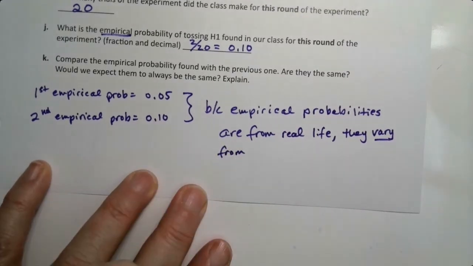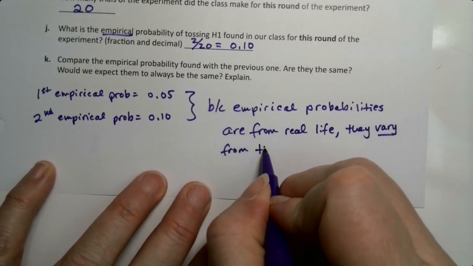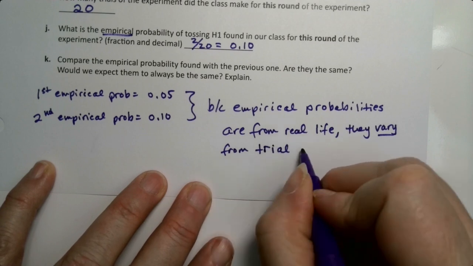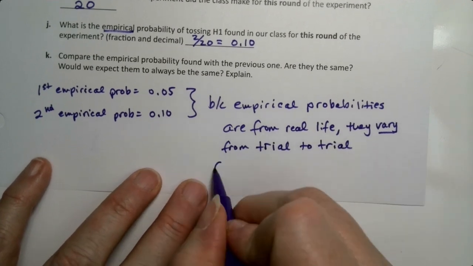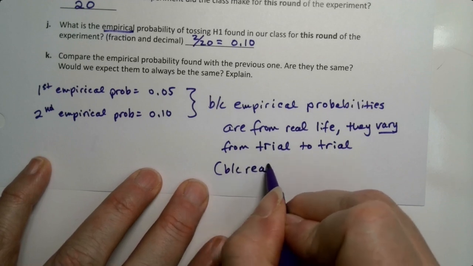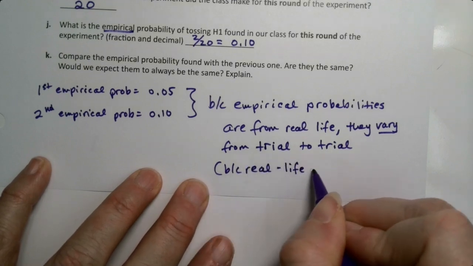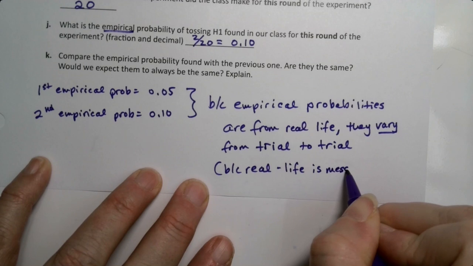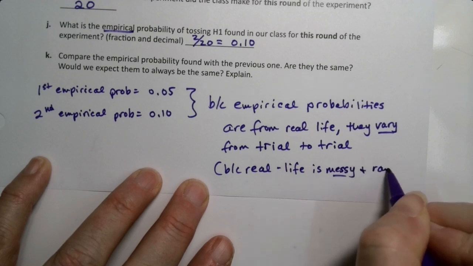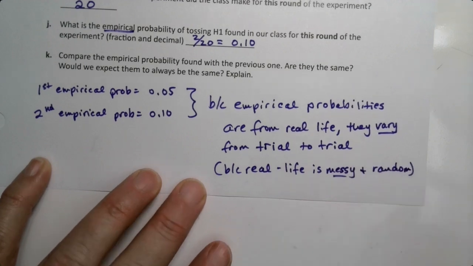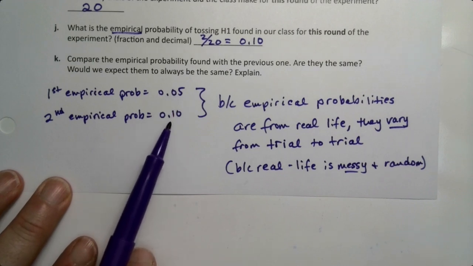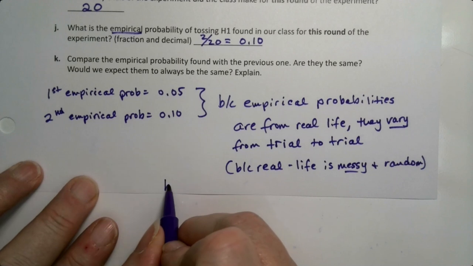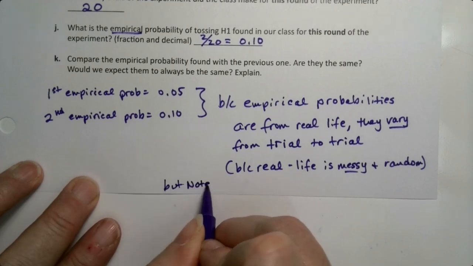Because each time we pick up the die and the coin and we toss it, that's a trial. It's called the trial of a probability experiment. And that's because real life is messy and random, what I wrote above. Again, they're close, right? It's not that they're super far apart. It's not like this is 0.05 and this is 0.81. That's not what's happening here. But note the values are close.